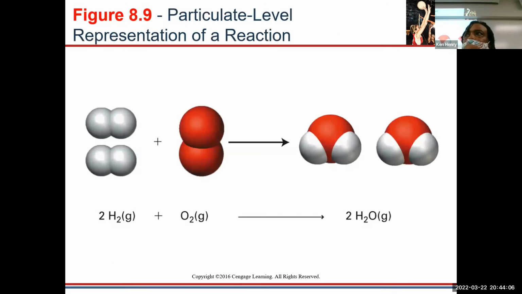So what do I mean? Here we can see that there's 2 molecules of hydrogen gas and 1 molecule of oxygen gas, and we're going to end up with 2 molecules of water.